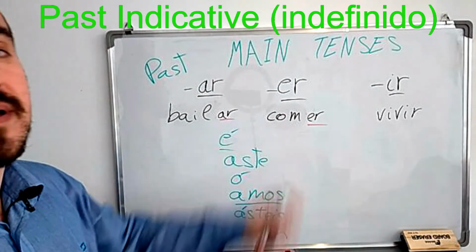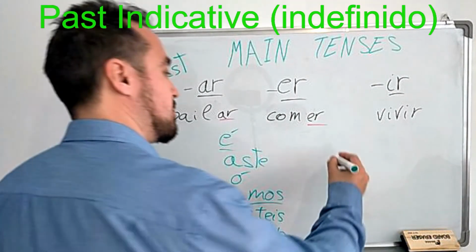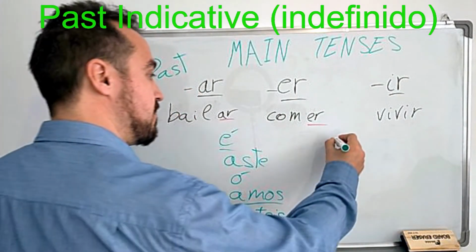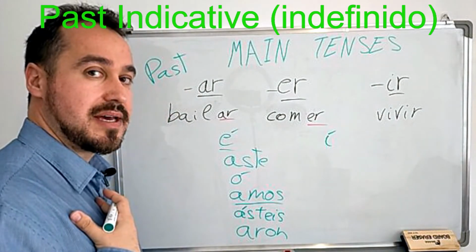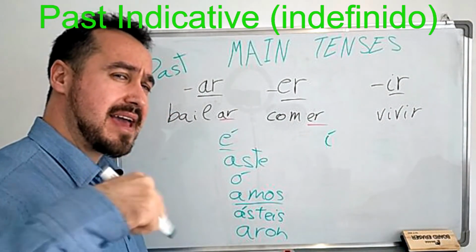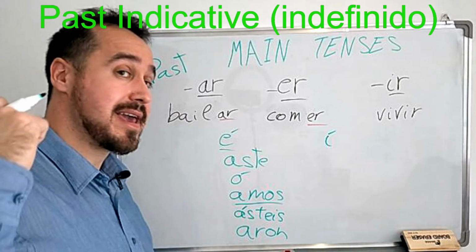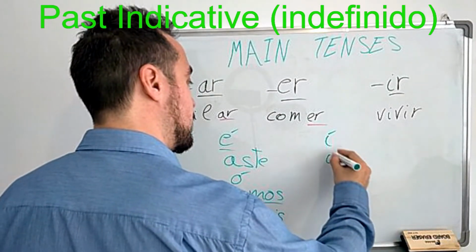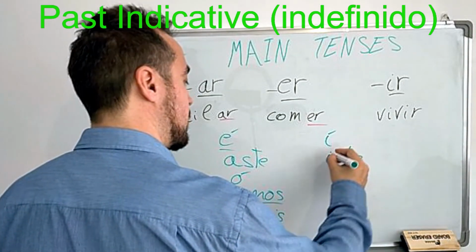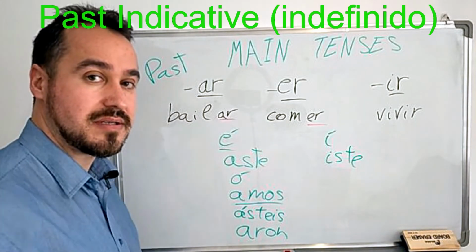Right? Comer. It's gonna be a little different. Comí. I ate. I eat present, como. I ate, comí. Comiste. You ate.